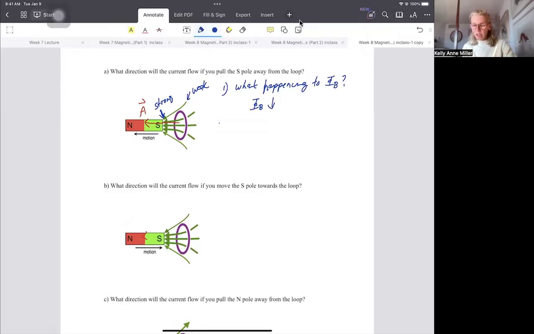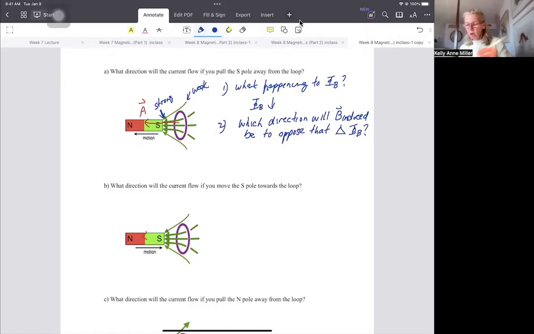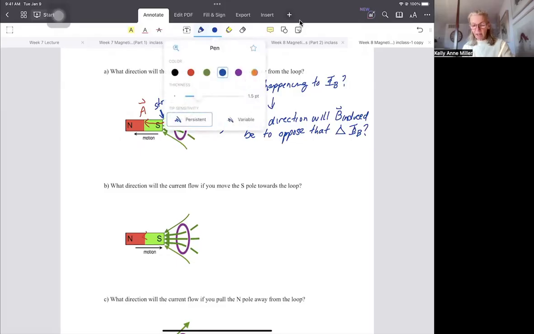So which direction, second question, which direction will B induced be to oppose that change in flux? That's always the second question you ask yourself. And the answer is to the left, right?